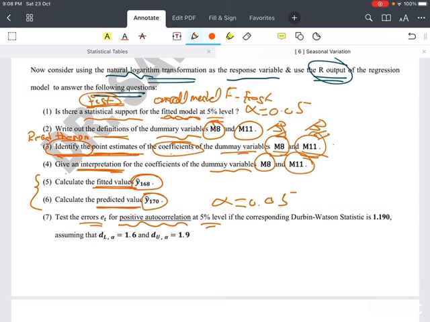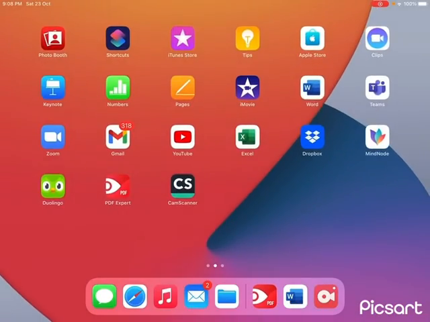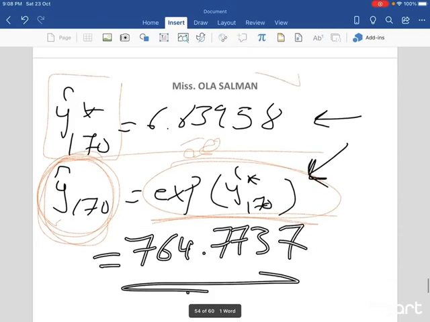The corresponding Durbin-Watson statistic is given, D equals 1.190. They give me D, and they give me the lower and the upper bounds. They just want us to conclude. This is the Durbin-Watson statistic lesson. So how will you solve this exercise?